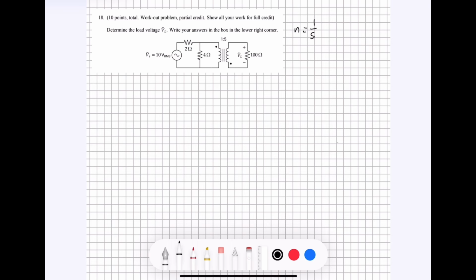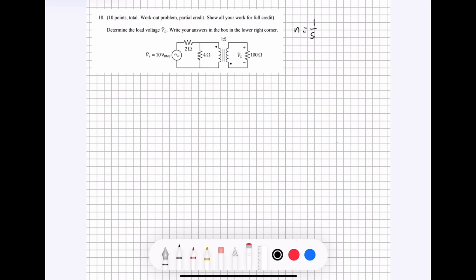All right, so jumping into how we would actually solve this problem, the first thing we want to do is simplify the circuit by taking these two individual sides and combining them in a way that allows us to solve for the current going through the primary side of the circuit.